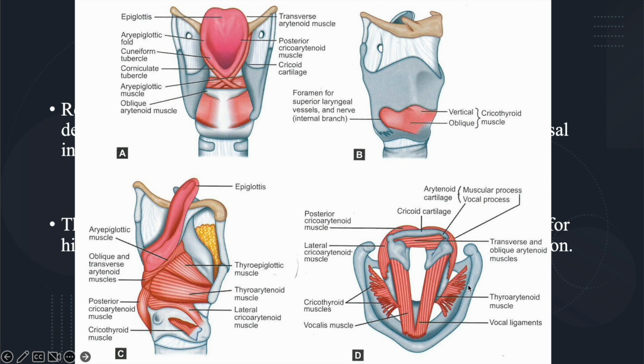So here are the muscles of the vocal cords, and you would pass your endotracheal tube right here, right between the vocal cords. So this is the larynx, and this is a structure that we really do have to be familiar with when performing a retrograde intubation.